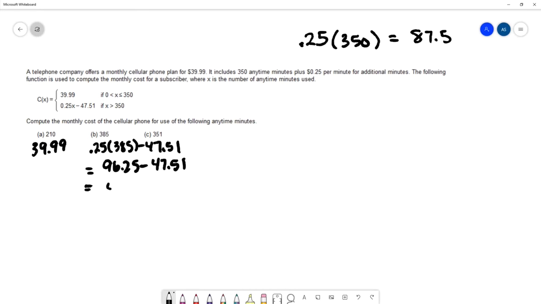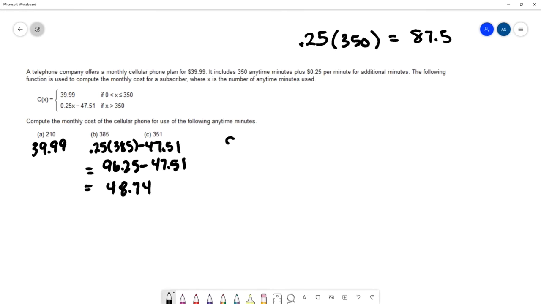And that gives us $48.74. So it costs $48.74 if we have 385 anytime minutes for the month.